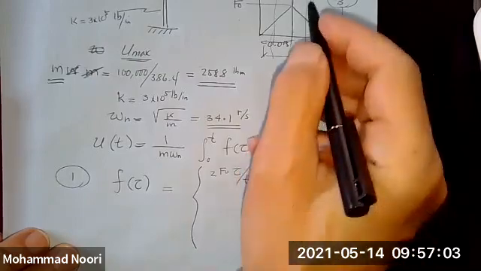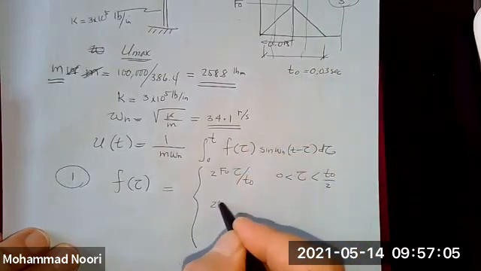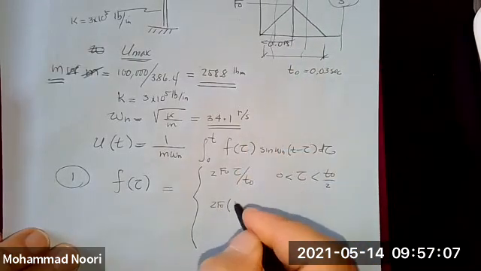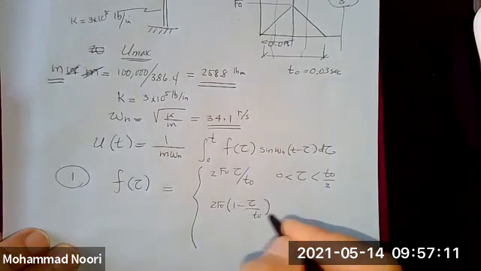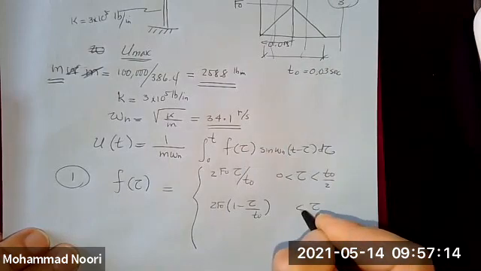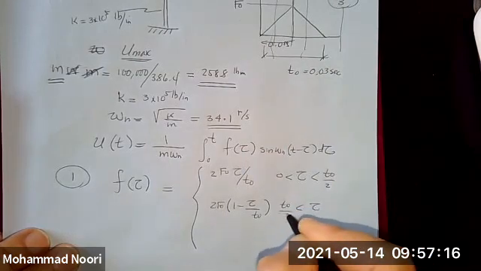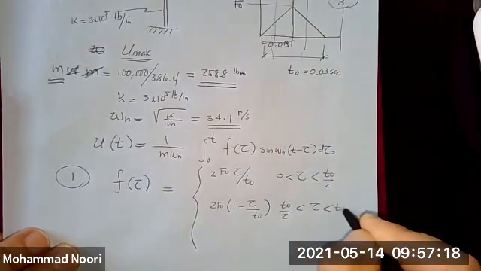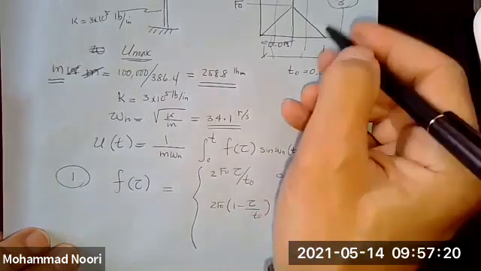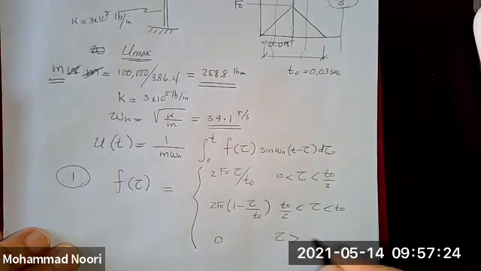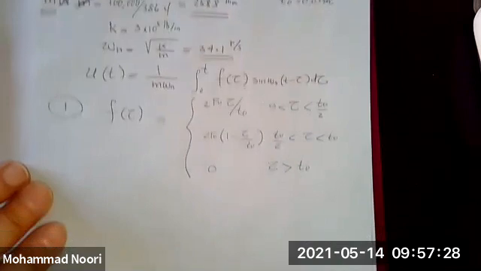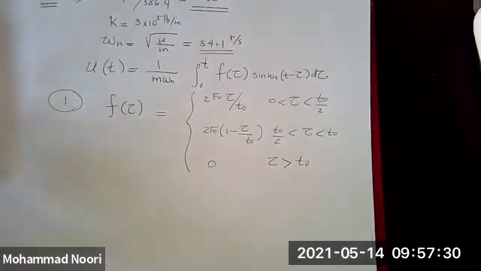For this region, it would be 2 f naught times (1 minus tau over T naught) when tau is greater than T naught over 2 and less than T naught. And after that, obviously, when tau is greater than T naught, it would be 0. So compare that with the previous case we did.